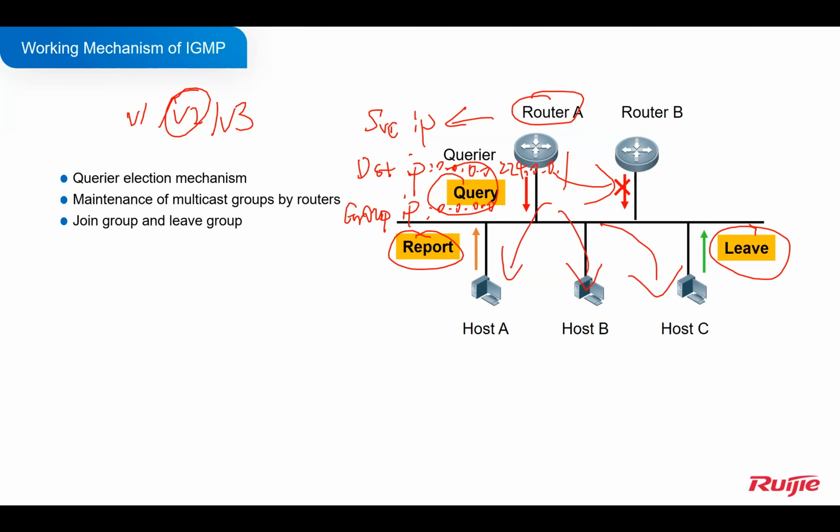This means the routers and hosts can all receive this packet. So this is the query packet.